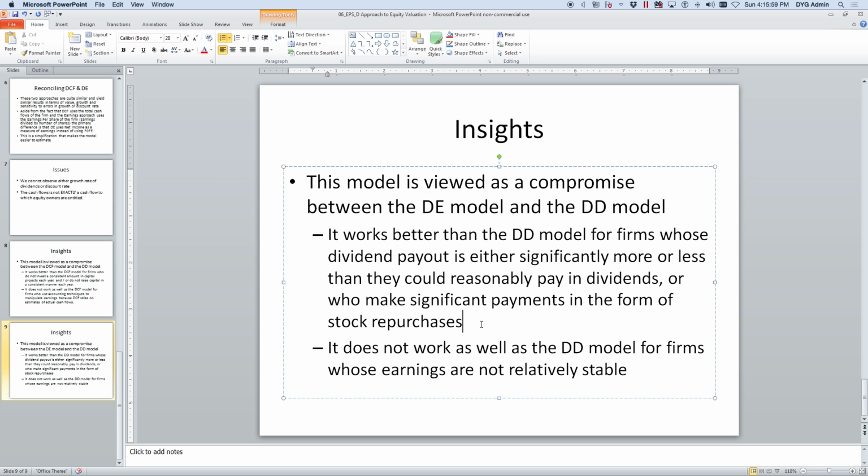That both gives cash to the stockholders and takes some stock off the market, which means there's fewer shares out there, so the value goes up. And stock repurchases are not taxable the same way that dividends are taxable. So a lot of companies go to that. Well, the dividend discount model doesn't have a place to reflect that as an alternative, let's just say. And so firms that prefer that method, the dividend discount model is not going to do great.